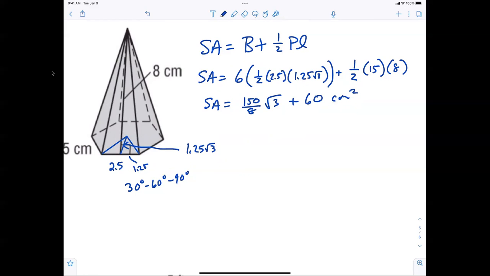Is that correct? No, that's not correct. 75 over 8. Thank you. 75 over 8. Everybody's good with that?